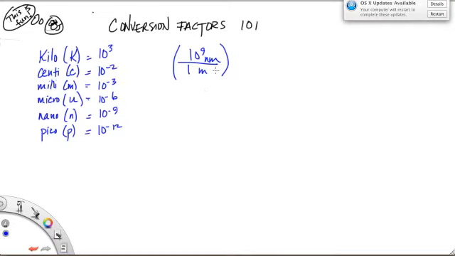So what this means is that the quantities in the numerator and in the denominator really are equivalent in value. It's just that their units are different, and therefore the numbers are going to be different. But 1 meter in length is equal to 10 to the ninth, or a billion nanometers in length. I can also write this conversion factor as 1 meter in 10 to the ninth nanometers.